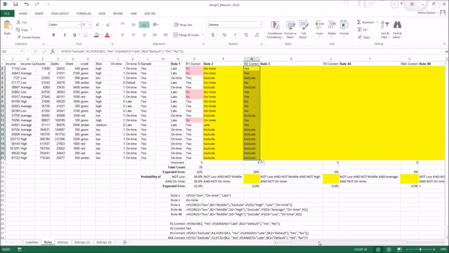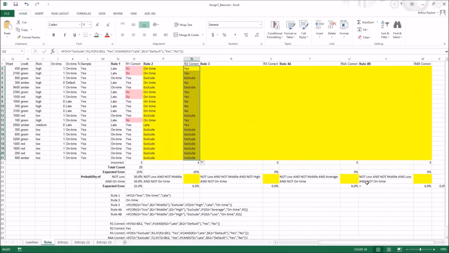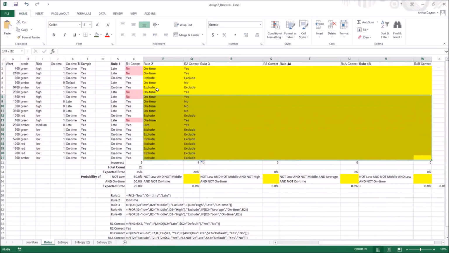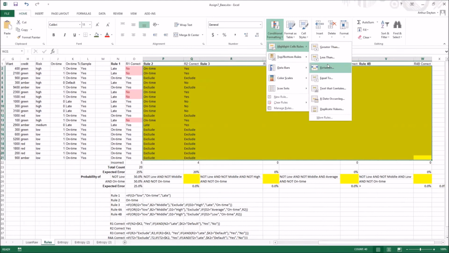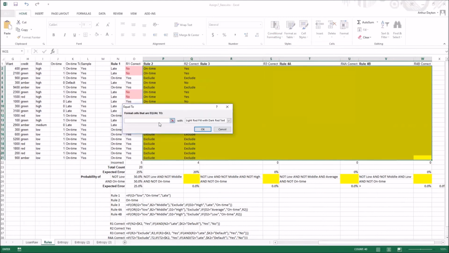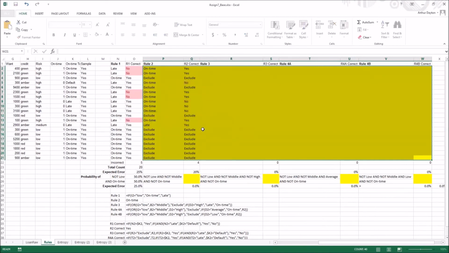And then for the sake of convenience, we'll just change the formatting here so it's a little easier to see what's going on. So I'm just going to use the conditional format. I'm going to use a highlight, and then I'm going to say if our value is equal to no, we'll just take this default light red fill.